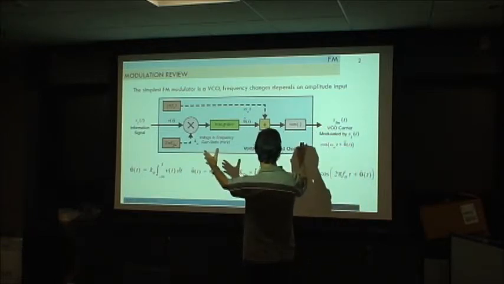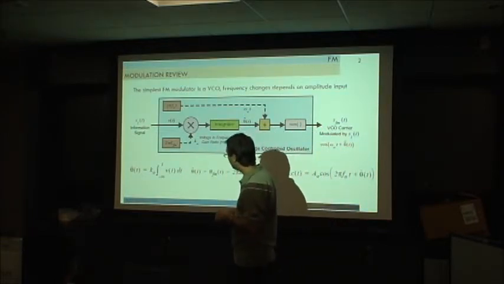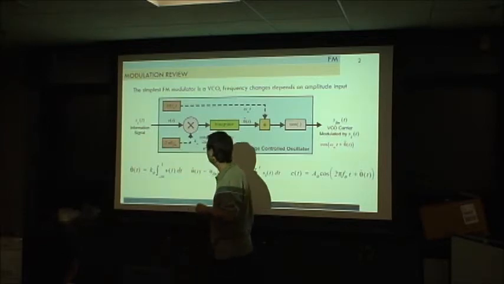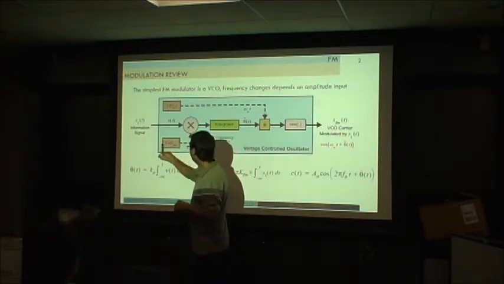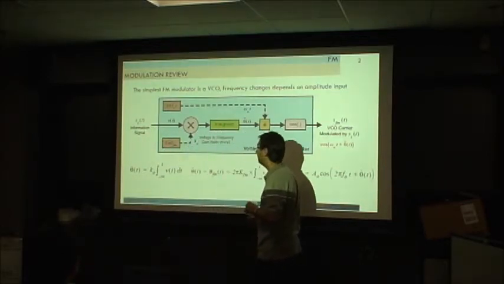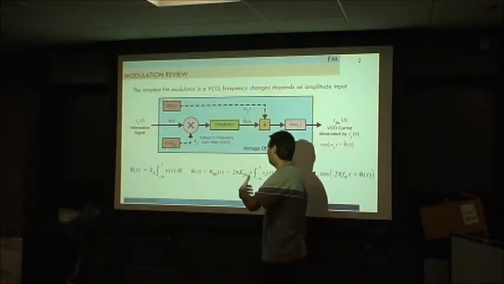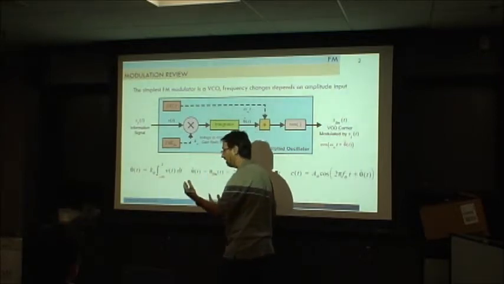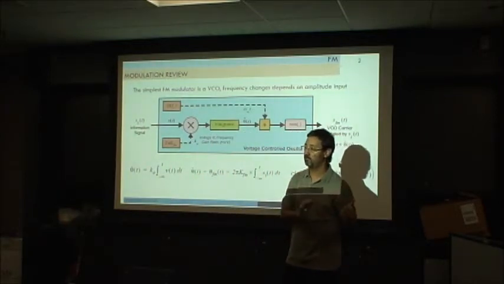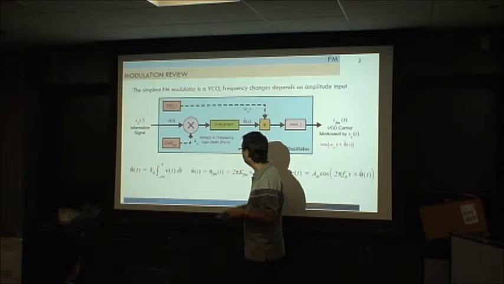So if this is the VCO, we have some signal coming in. There will be a constant factor called the sensitivity of the VCO, which says how much the frequency will change relative to how much the amplitude changes.